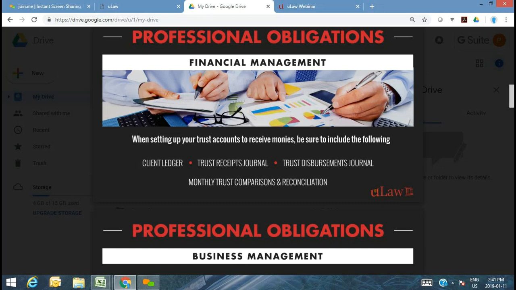So that's one style of doing it, and if you do that, then you're required to provide a trust disbursements journal, and of course you have to provide your trust reconciliation document as well, which is really comparing the bookkeeping software or system that you have to manage these books, which are the numbers of transactions that have occurred in your firm, with the transactions that have been logged in real life in your bank accounts.